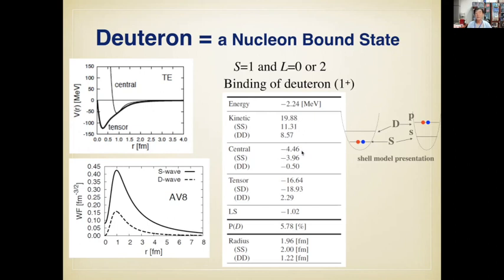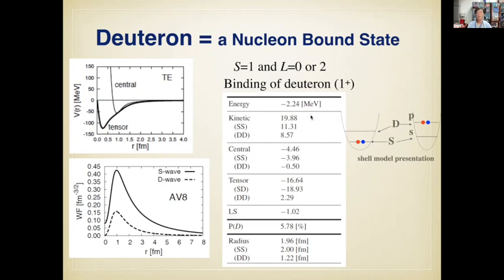And then the central force gives you this binding energy, mostly from the S wave diagonal part, and some contribution from the D wave. Now, the tensor interaction gives much more binding energy and less interaction. So if you add those three, they compensate the kinetic energy, and finally you get the binding energy.